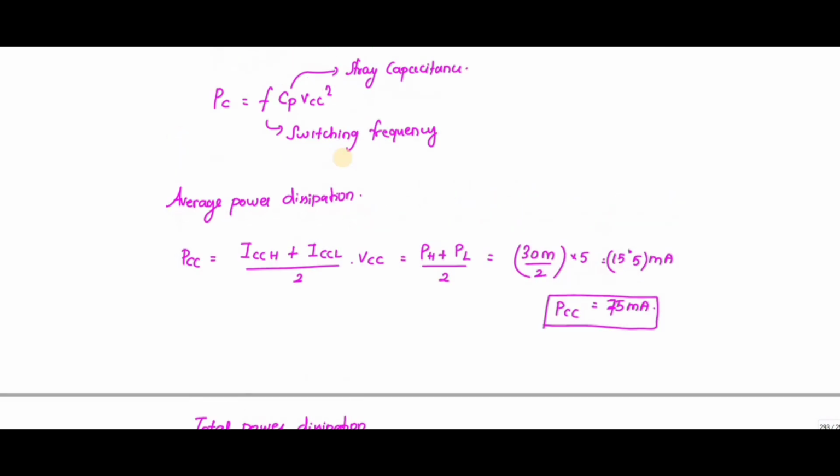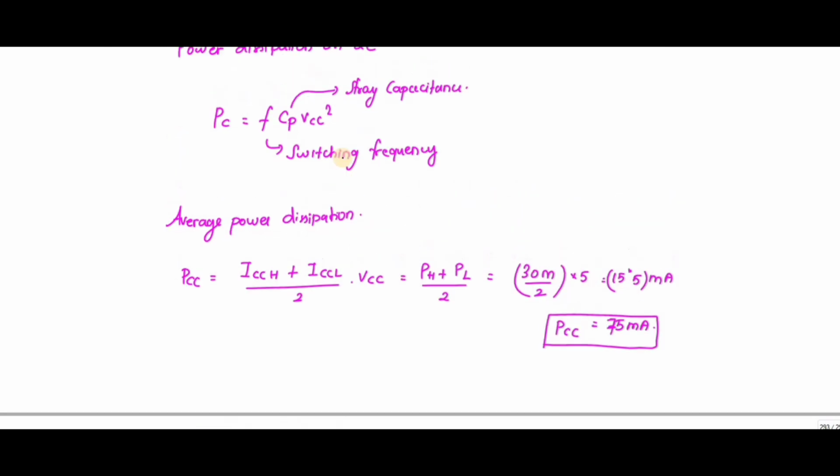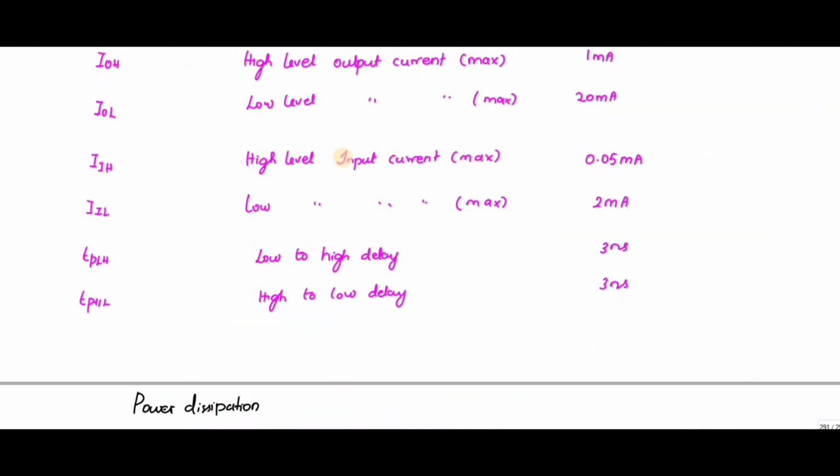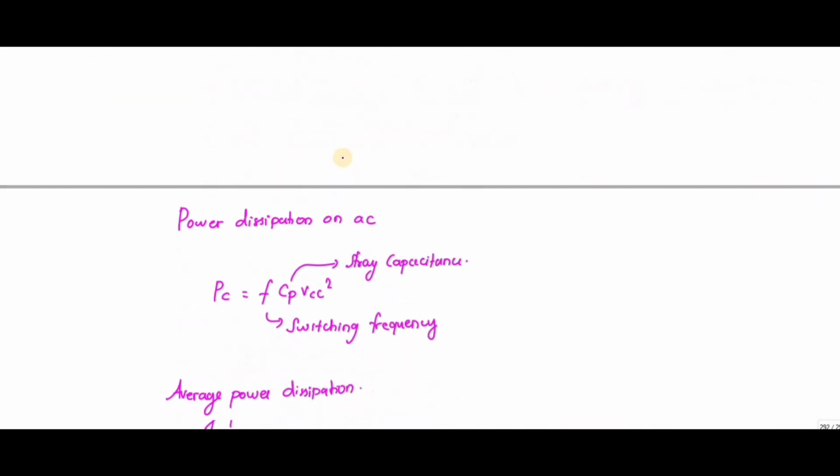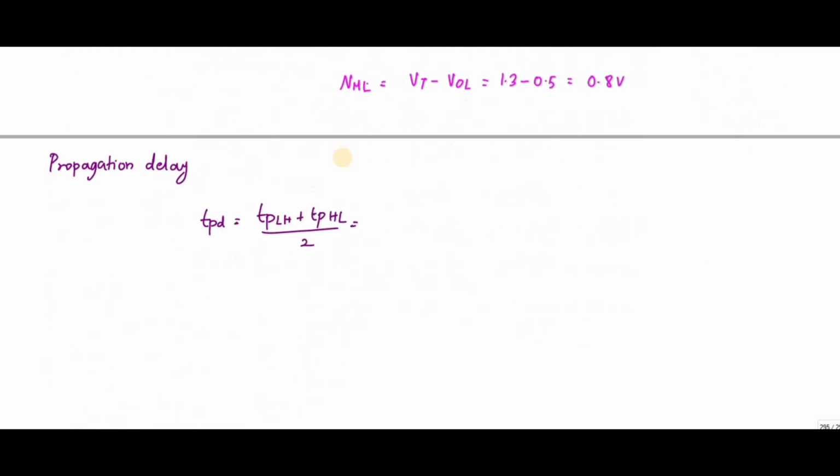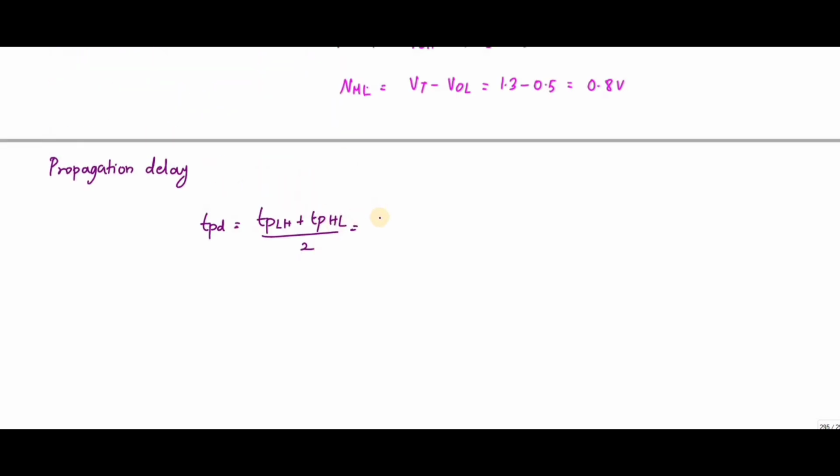What they have given is 3 and 3, so 3 plus 3 divided by 2, that is 3 nanoseconds.